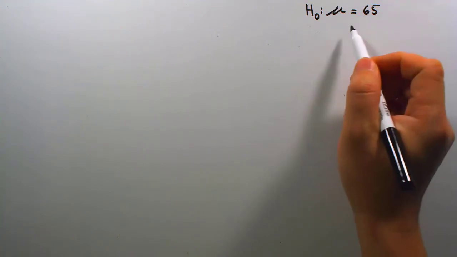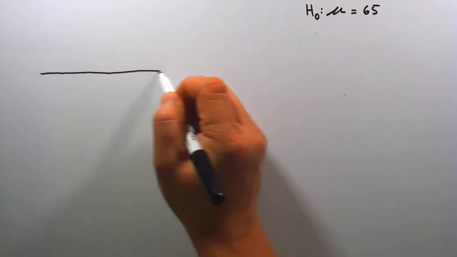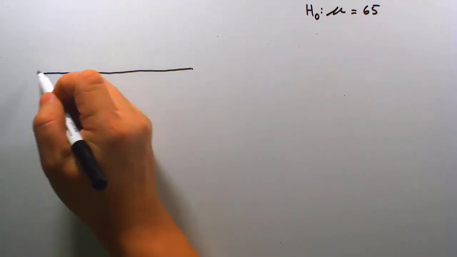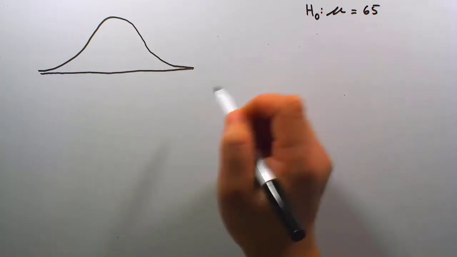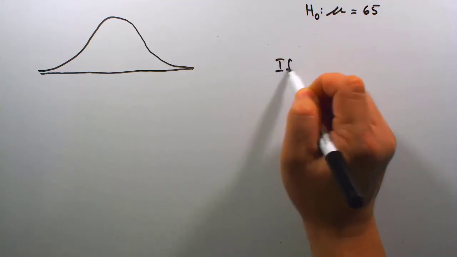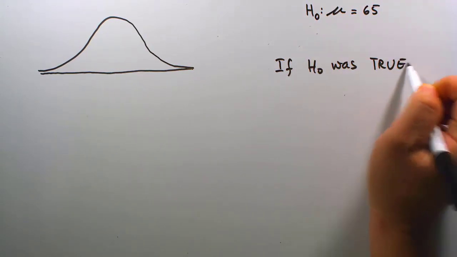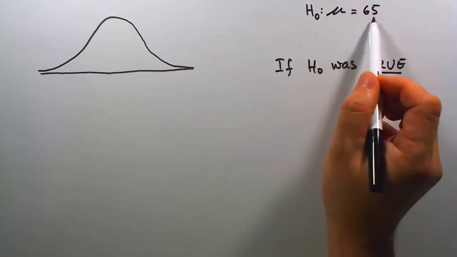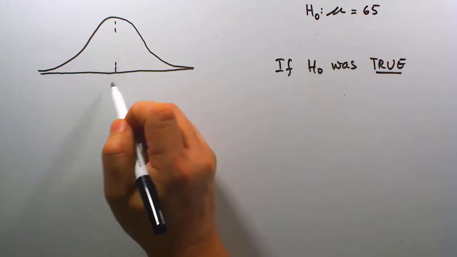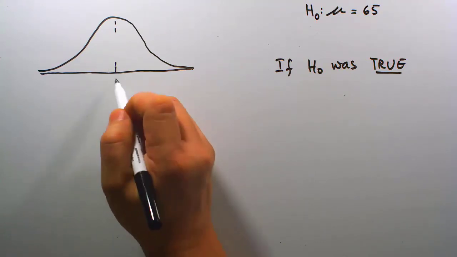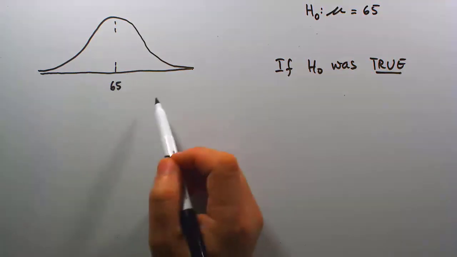And so if that claim was true, we have seen throughout a lot of our explanations previously that if we accepted that, if h sub 0 was true, then this value being claimed in the null hypothesis consequently became the center on the bell curve, being 65 at the center.